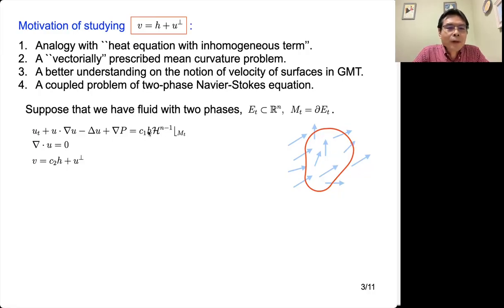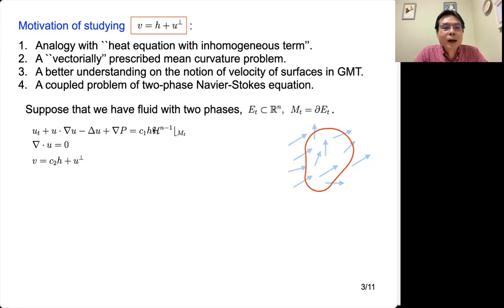When you have this two-phase boundary, or maybe you could be looking at some two-phase object, then this boundary is exerting some force on the fluid through the surface tension.